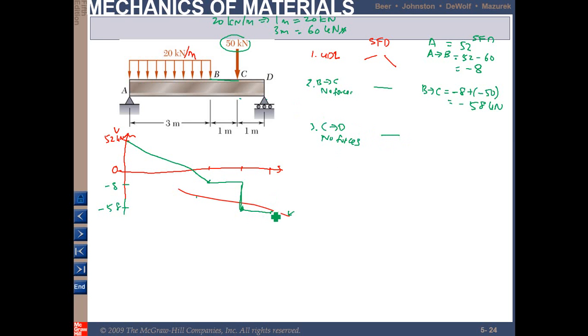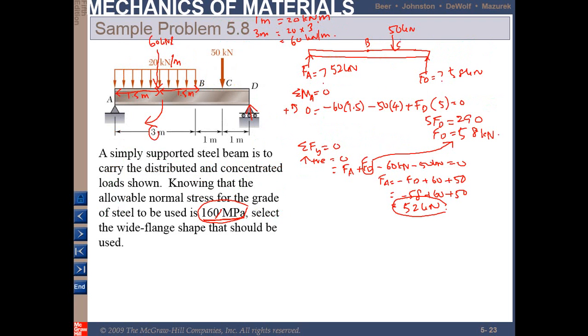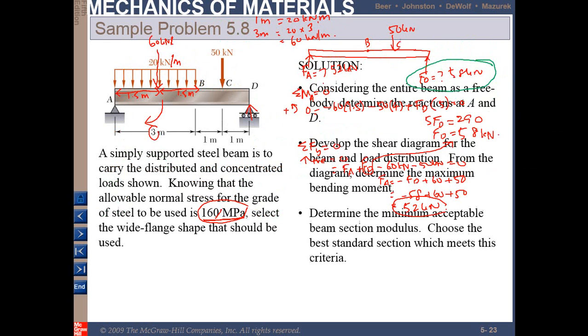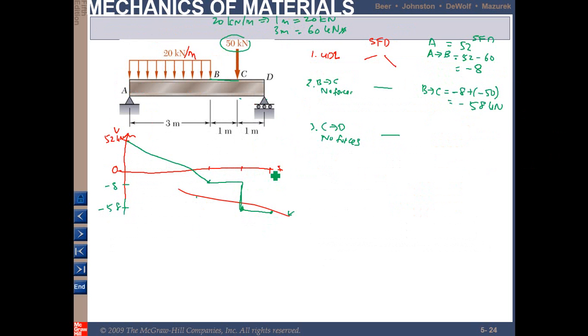Okay, and then finally you give 58 kilonewton here at FD, so it will become 0.